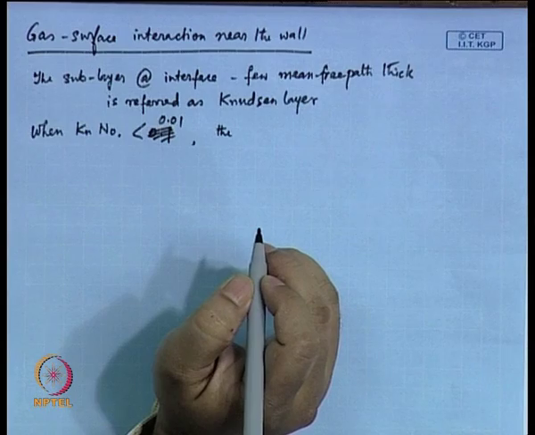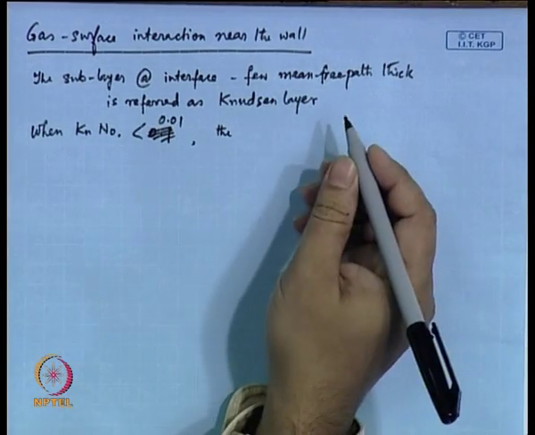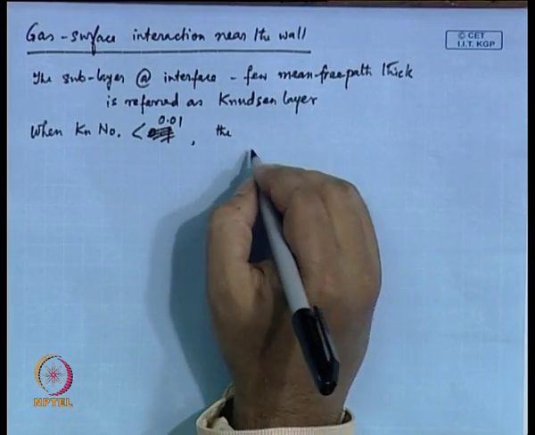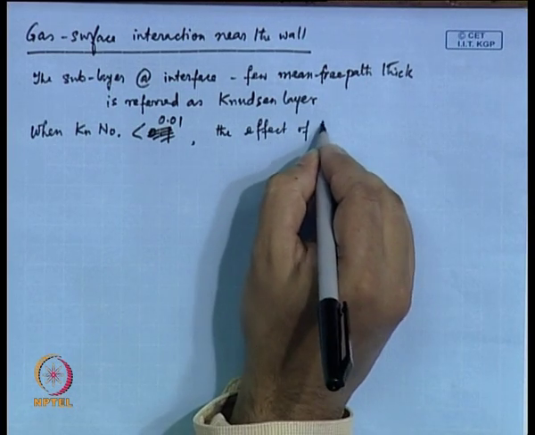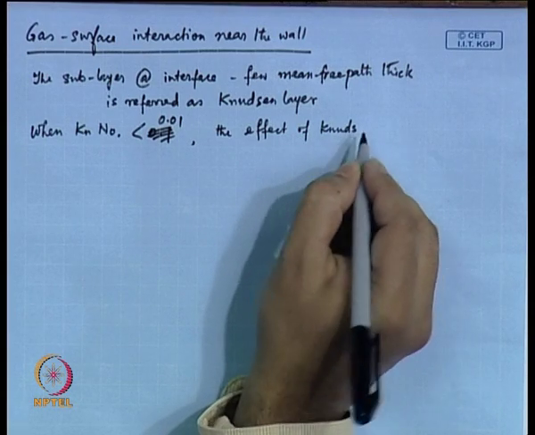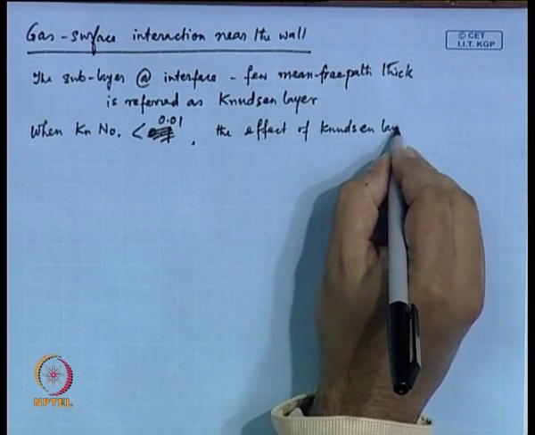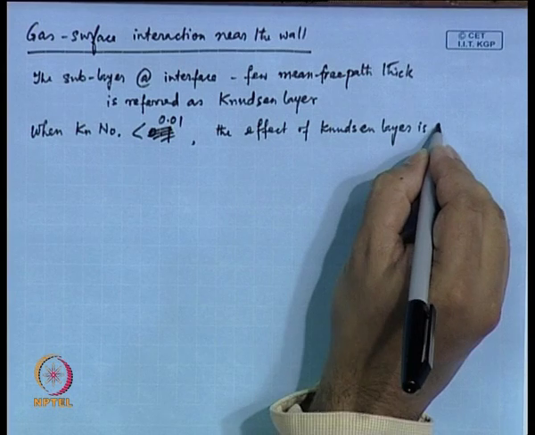When Knudsen number is less than 0.01, the effect of the Knudsen layer is insignificant.